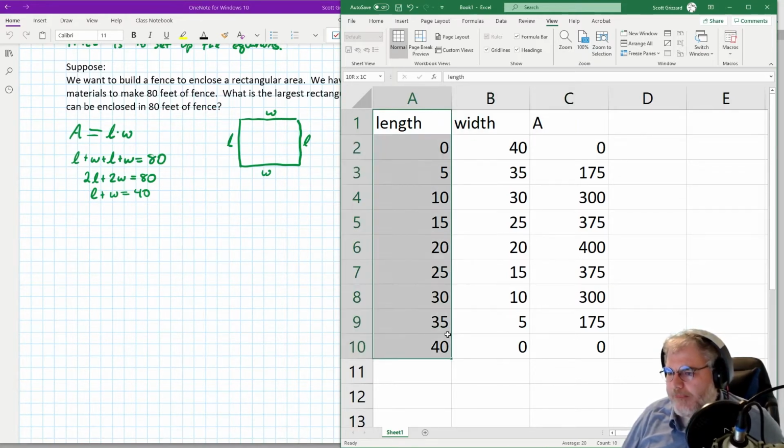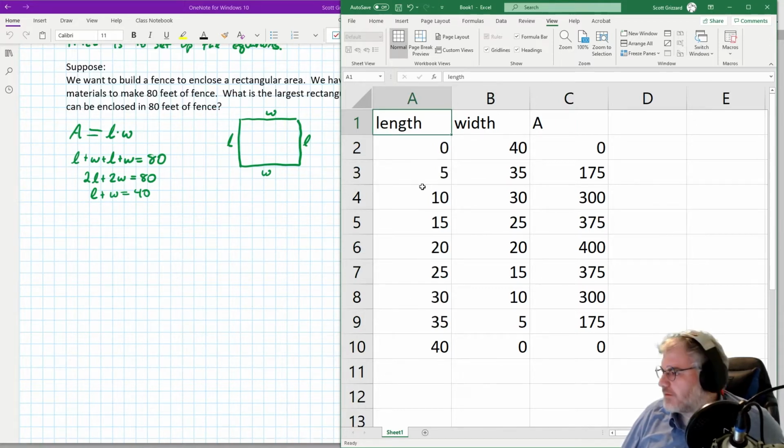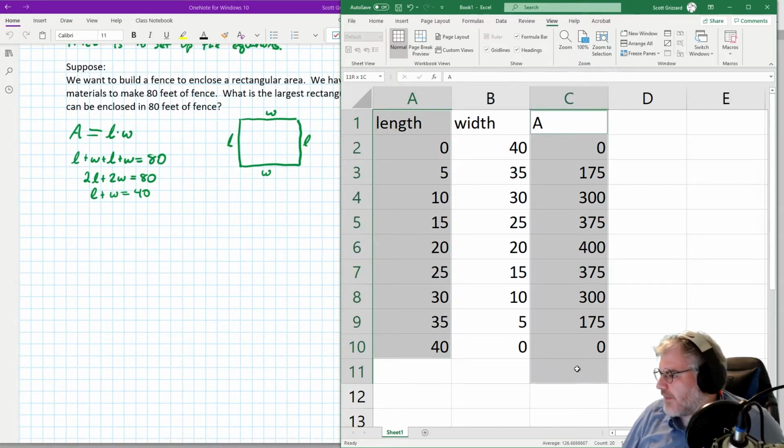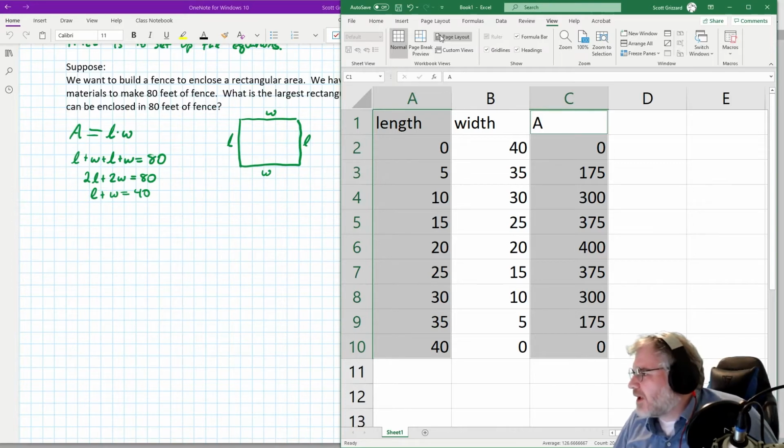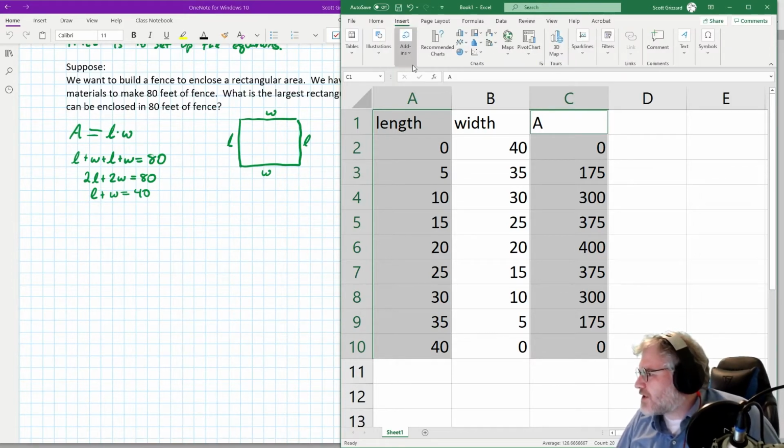So I want that one and that one. I remember there was something called a chart thing here.